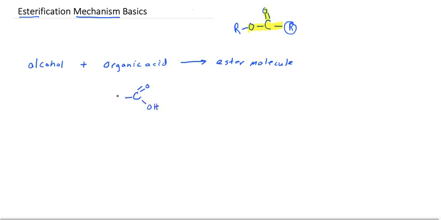And what else is attached to it? We have no idea, so let's just look at this R. For something to be an alcohol, we know that it has a hydroxyl group on it. And what else is with the molecule? We have no idea. It's just some other R group. It could be a small one, could be a really large one, doesn't matter. The focus is always with this and this functional group.